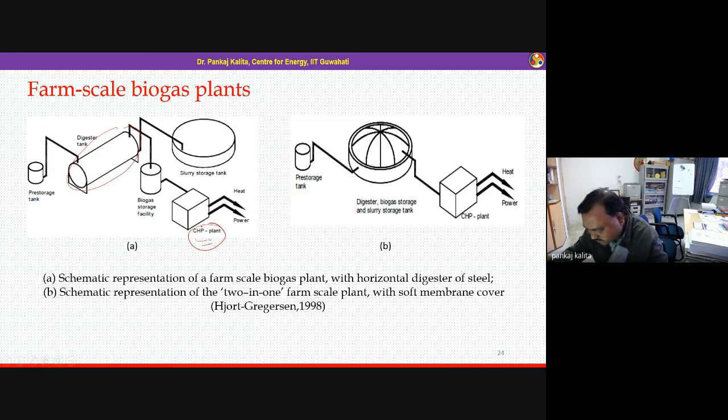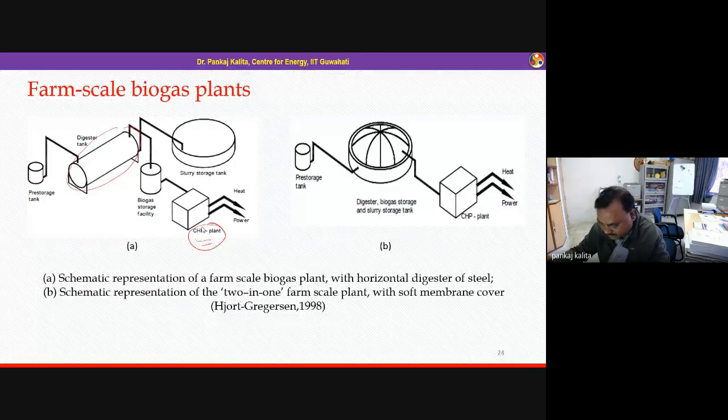These kinds of plants are in most of the Western countries because they need both heat and electricity. So that's how they are having this kind of technology. This kind of technology is also available. Here the basic purpose is the same, but the size is very big, and at the same time storage facilities are there.